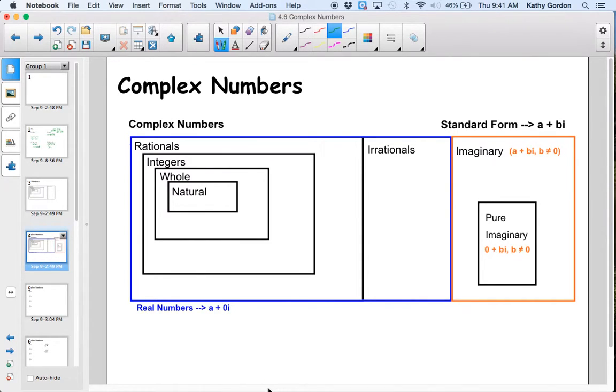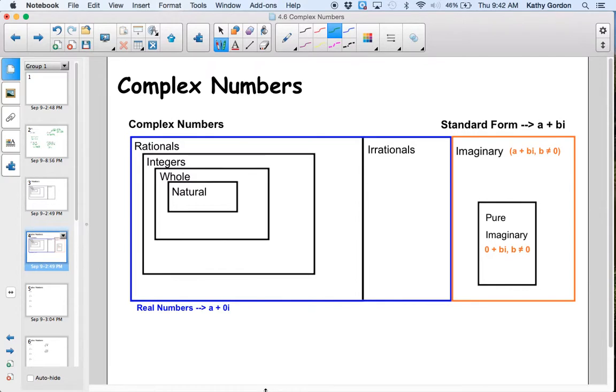So all we ended up with were just the a's, the real number parts, and so this blue box represents all the real numbers, which is really just a plus bi when b is 0. But if b is not equal to 0, then we get this i piece in there. And when we have the i, we have what we call imaginary numbers.